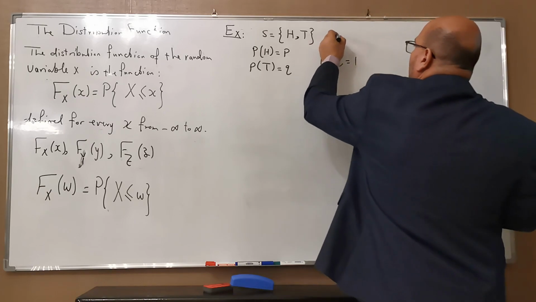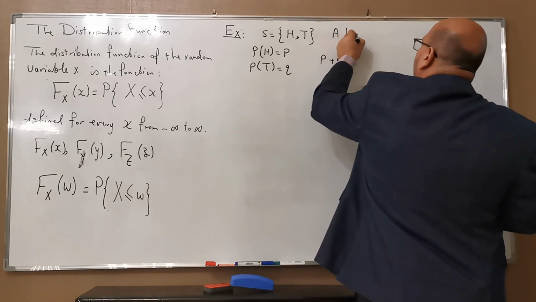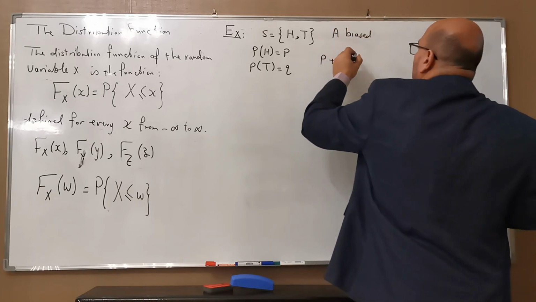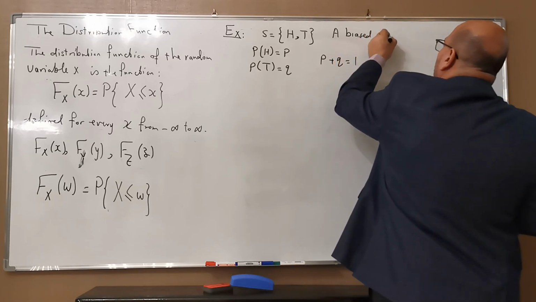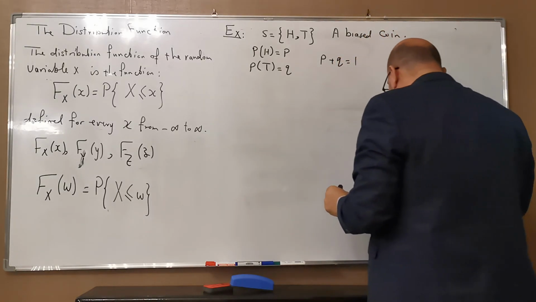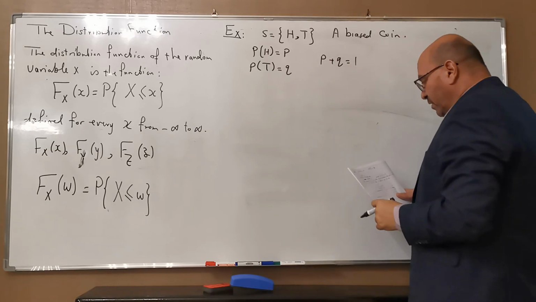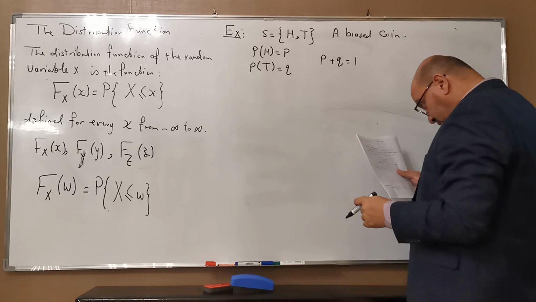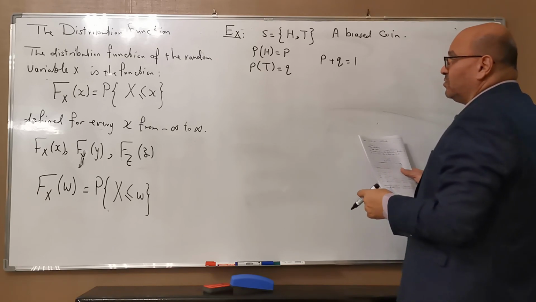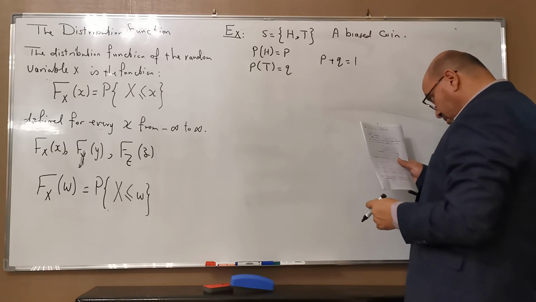So this is a biased coin. So it's not 1/2 and 1/2. One of them is P and the other one is Q. This is just to demonstrate an example only.